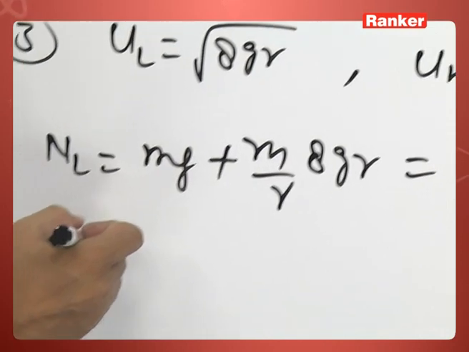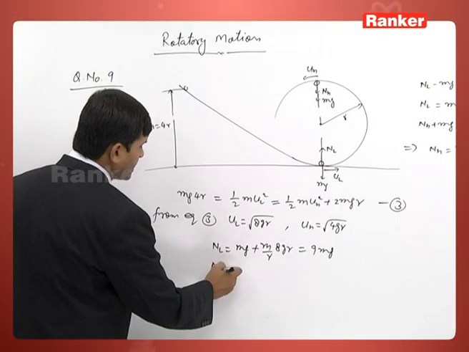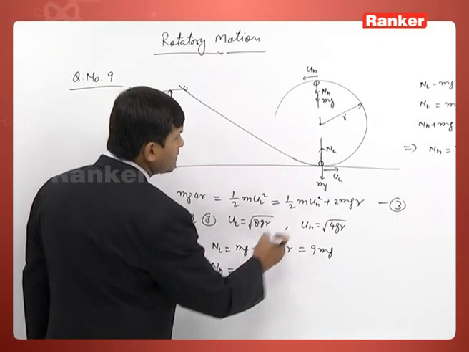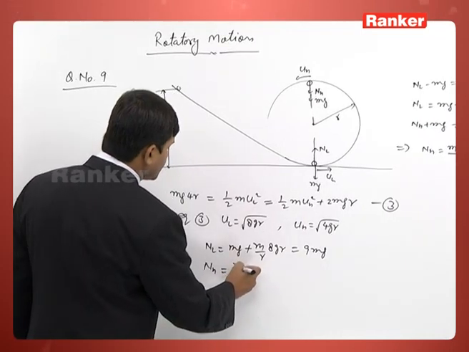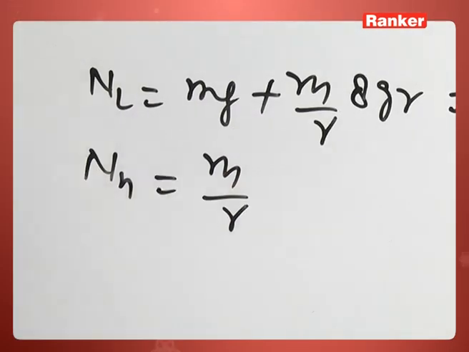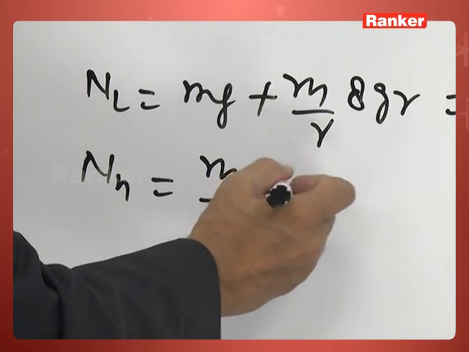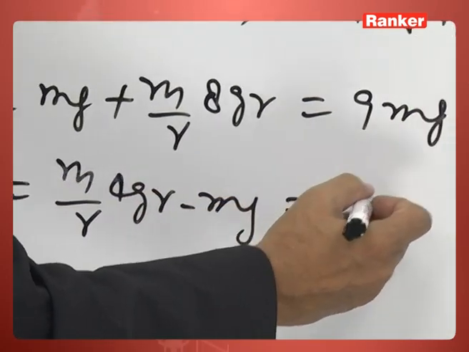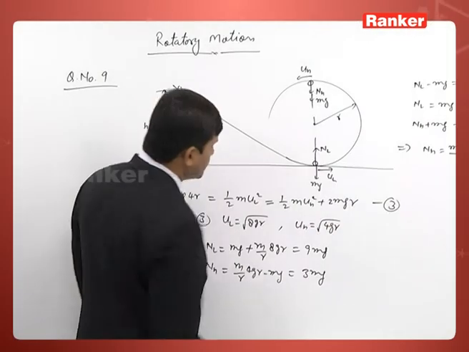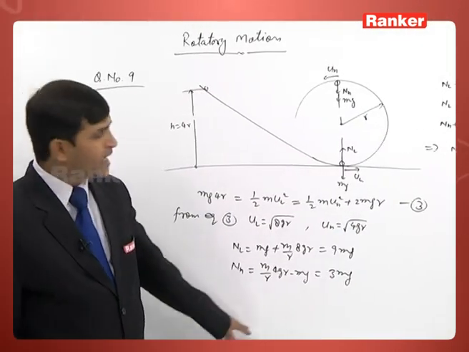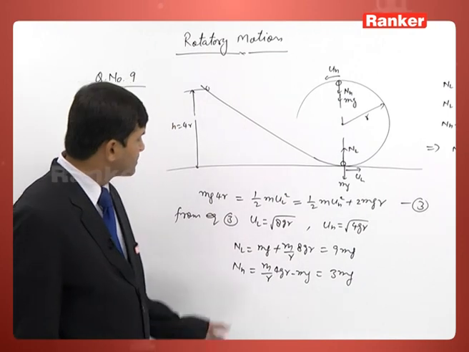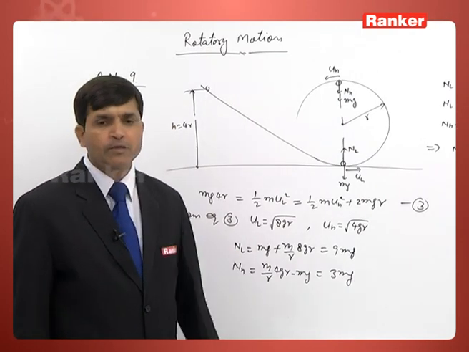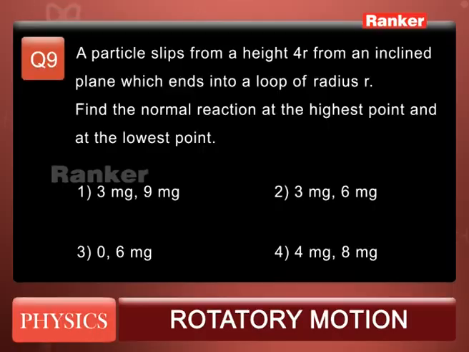At the highest point, NH is m UH square by r, where UH square is 4 gr, minus mg. So this is 3 mg. So the reaction at the highest point is 3 mg and the normal reaction at the lowest point is 9 mg. So our correct option is option number 1.